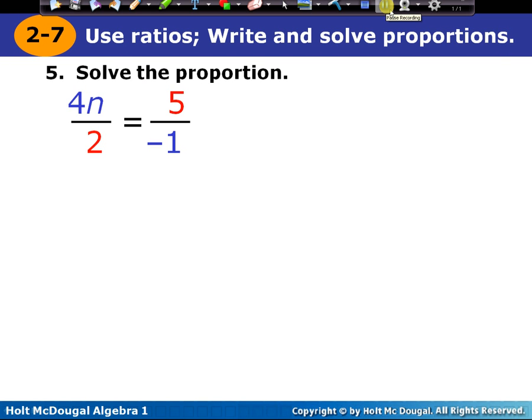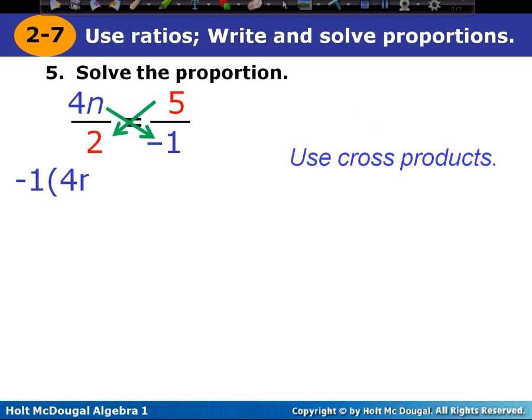All right, let's go ahead and look at number 5. Go ahead and get this written down before you move on. It's 4n over 2 equals 5 over negative 1. That's our proportion. We're going to go ahead and cross multiply. We're going to say negative 1 times 4n equals 2 times 5.